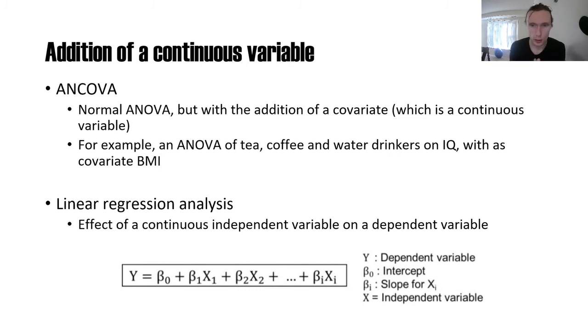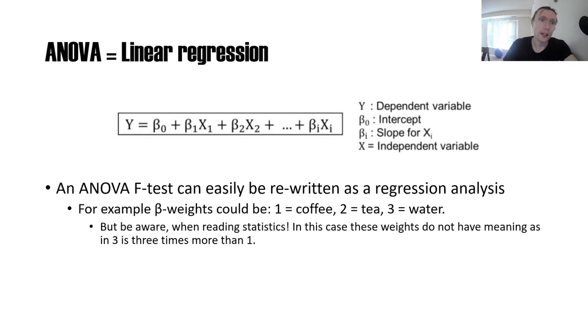But if your independent variable is also continuous, for example BMI score or height or income, then you can draw a line between them, and that's what a regression analysis is. If this line is linear, then we call it a linear regression analysis. That line doesn't need to be linear, but that would be more advanced statistics that I will talk about in another lecture.